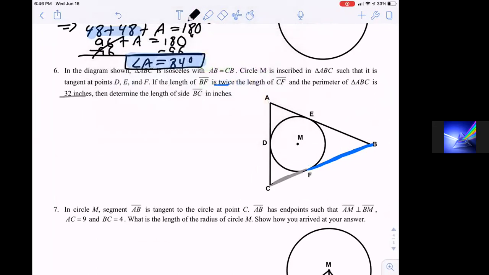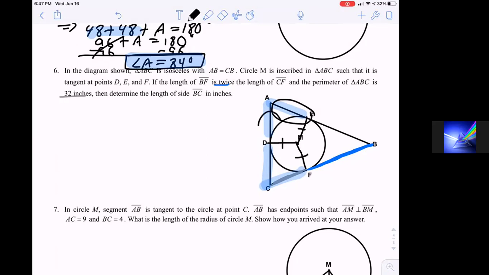Okay, here we go. So what we're going to do is we know that side AE, AD, DC, and CF all equal the same thing. Okay, why is that? So these two radii right here, and then these two radii right here. So this distance are the same. All those distances are the same.